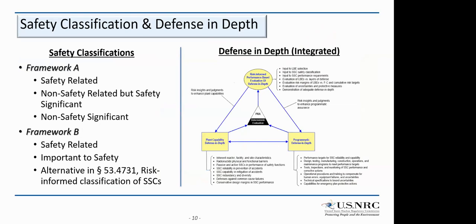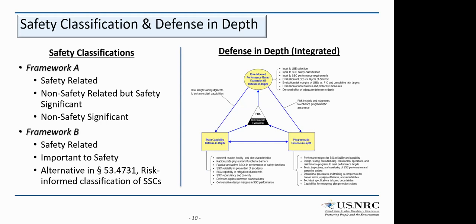Under Framework A, the safety classifications are safety related, non-safety related but safety significant, and non-safety significant. The importance of this is that safety classification is the vehicle by which you start to segment items to treat them differently.